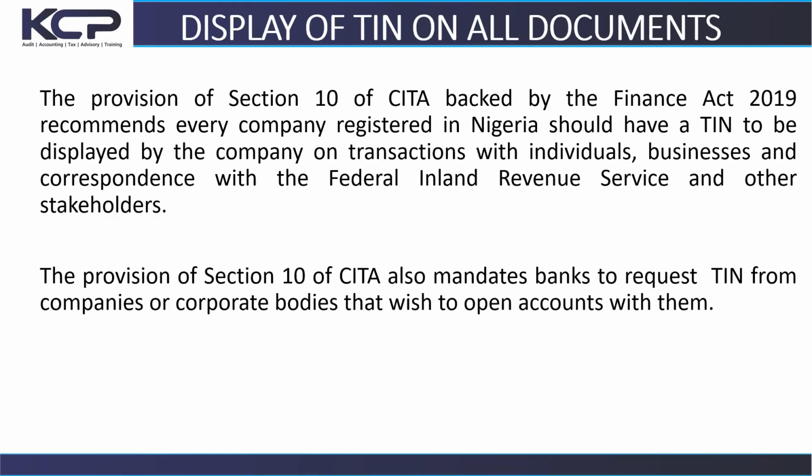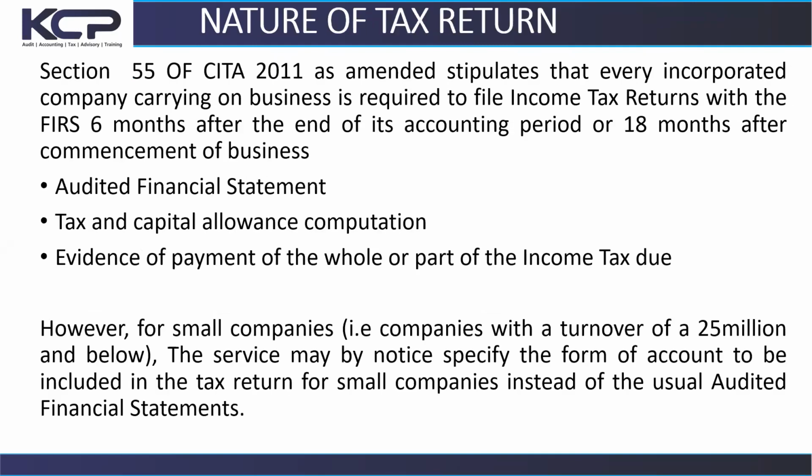I've emphasized here that the reason every organization, potential taxpayer or business needs to display their tax identification number to all transacting parties, or when engaging the FIRS, is as provided in section 10. Where you don't do this, you would have contravened the provisions of section 10 of FIRSEA.